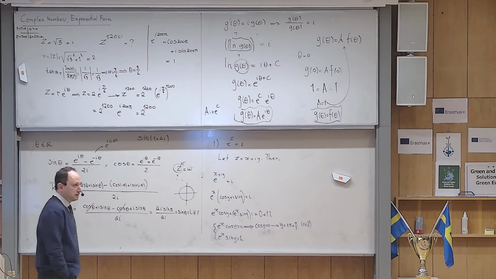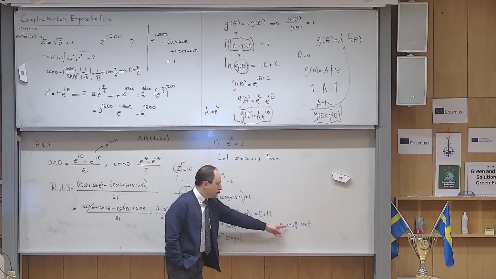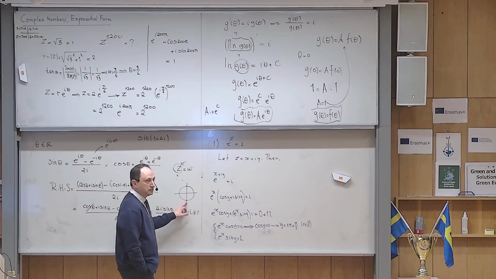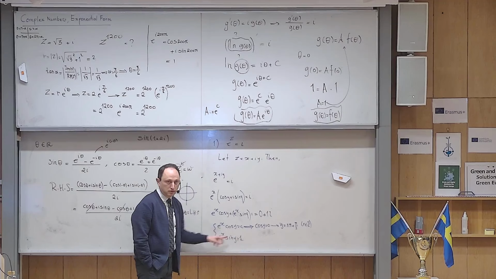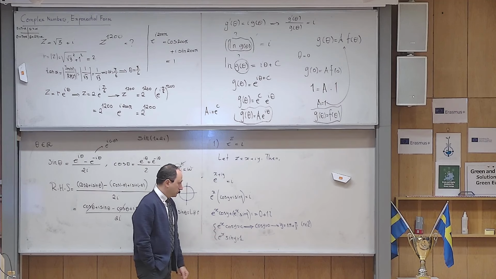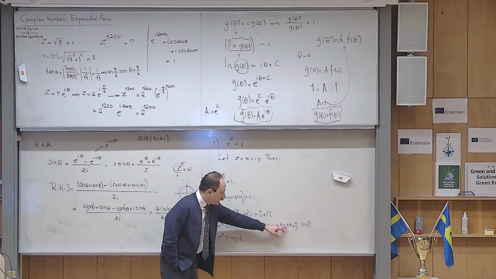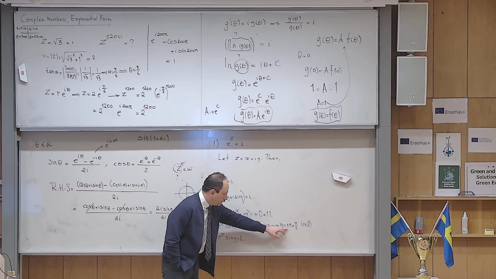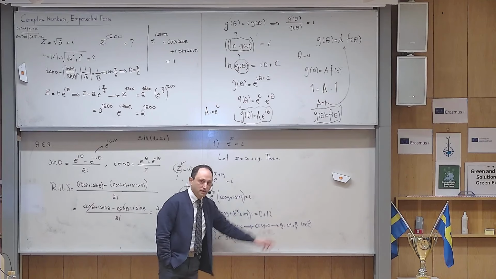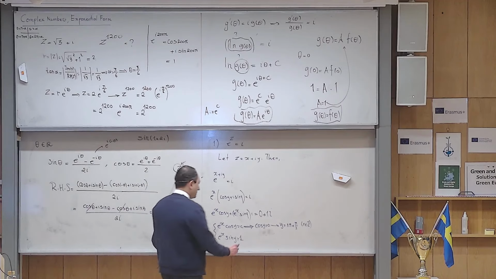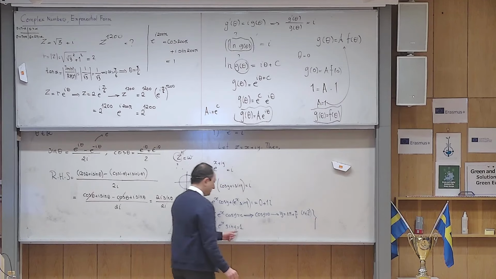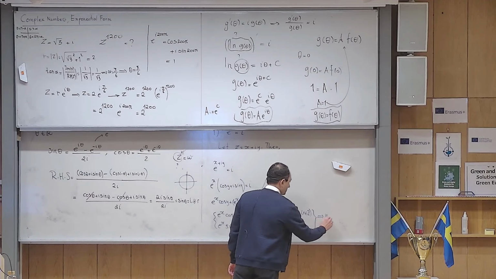Because if it is odd, it will be here, and sine of that number is -1. -1 times e to the power x cannot be equal to 1 because e to the power x is positive, so the answer is not working. So from the first equation, any n is acceptable. But by looking at the second equation, we realize that n has to be even. So from these two together, I understand that n is even.